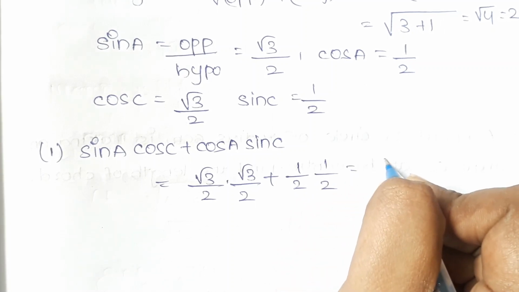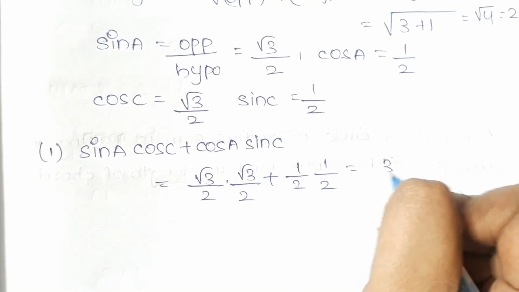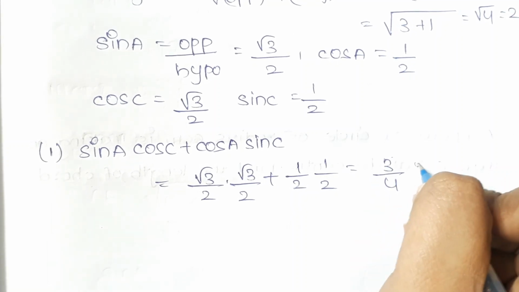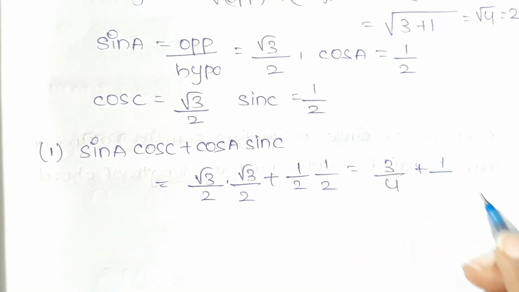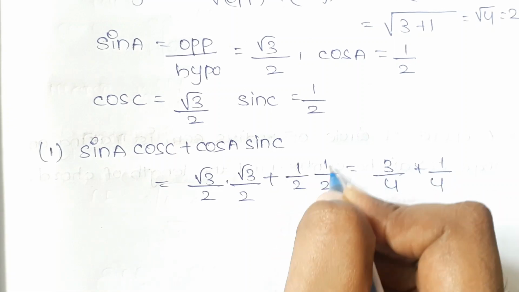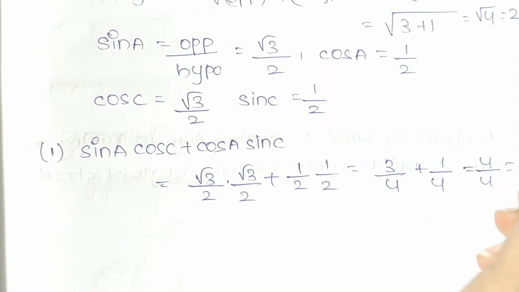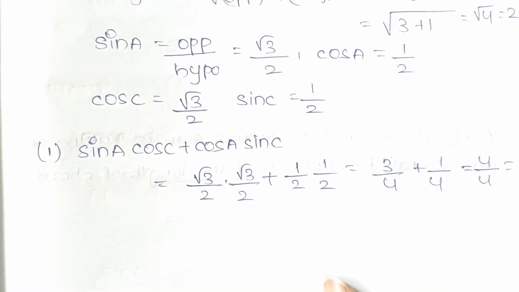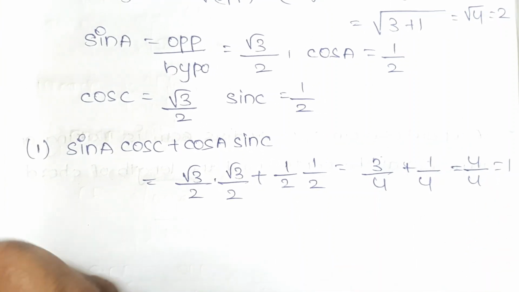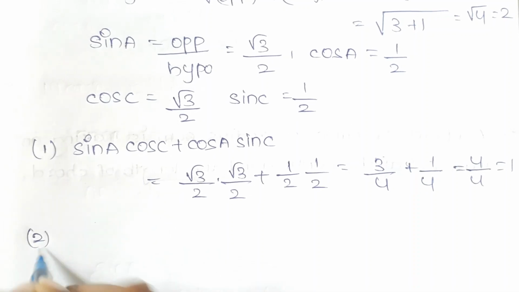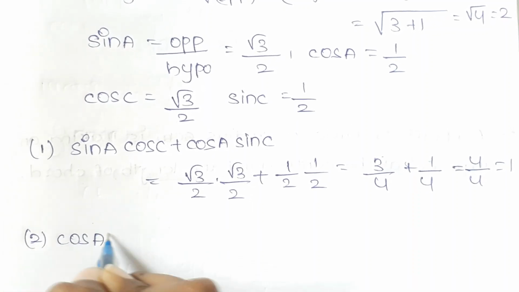That is root 3 by 2 into root 3 by 2 is 3 by 4, plus 1 by 2 into 1 by 2 is nothing but 1 by 4, and the value is 4 by 4, that is 1.